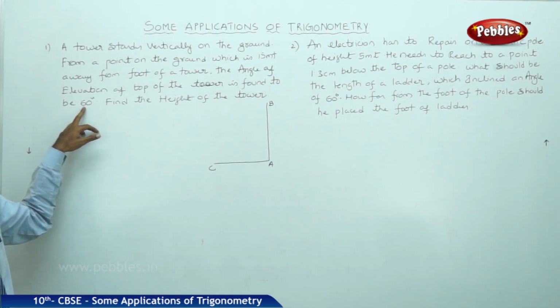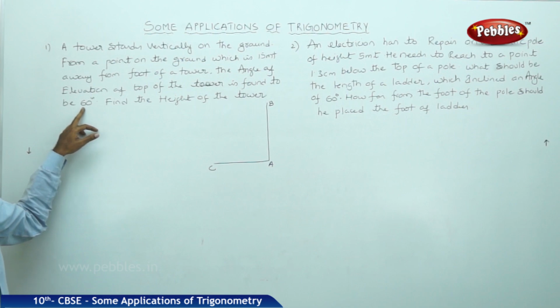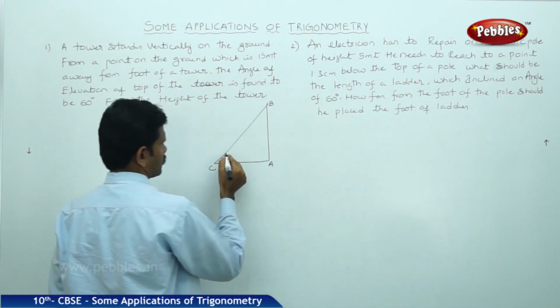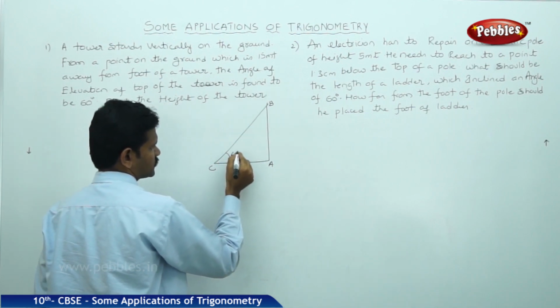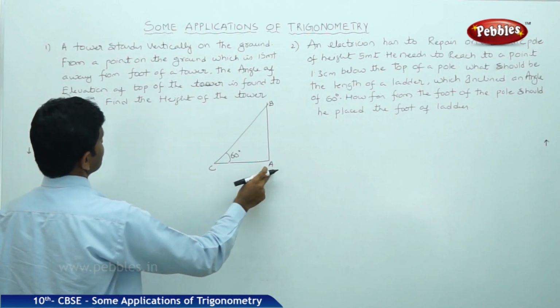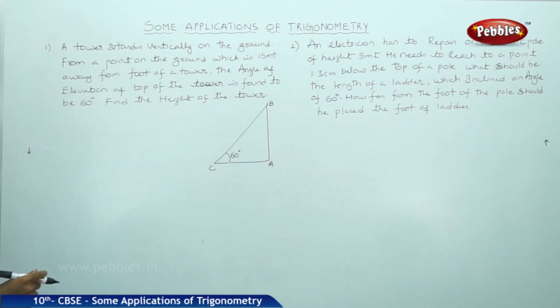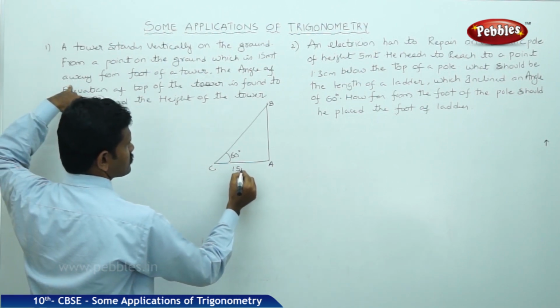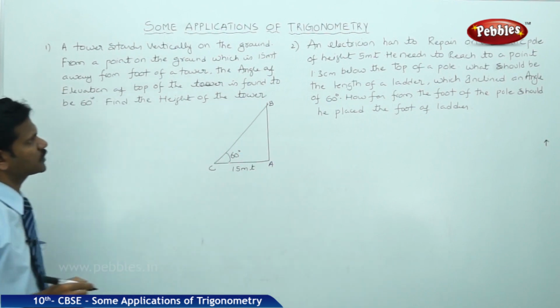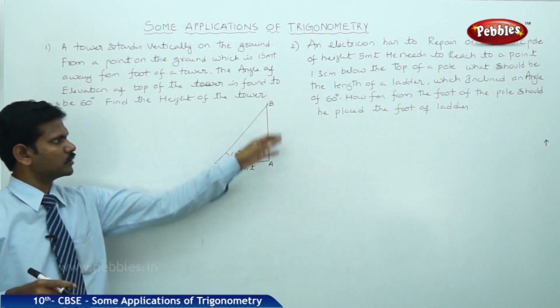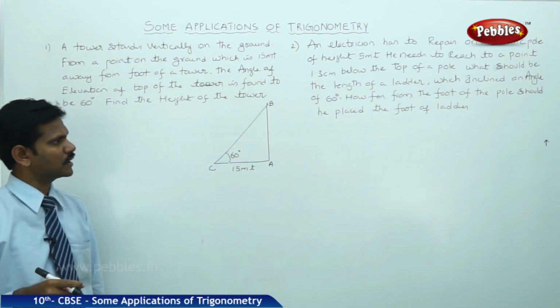The angle of elevation means the eyesight is above the normal eyesight. That is, the top of the tower is B, the angle is 60 degrees, and the foot of the tower is A, 15 meters away. Find the height of the tower; that means we have to find the height of the tower AB.